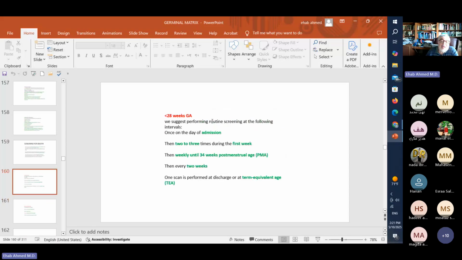And these are some guidelines carried out in some other NICUs. You may or may not take them, or you might have your own. But I will give you an idea about how they do it in some NICUs. If the baby is less than 28 weeks, they do it once on admission and then 2 to 3 times during the first week.